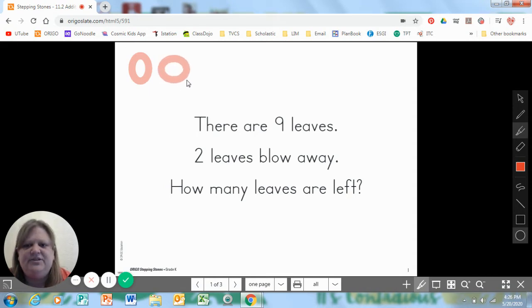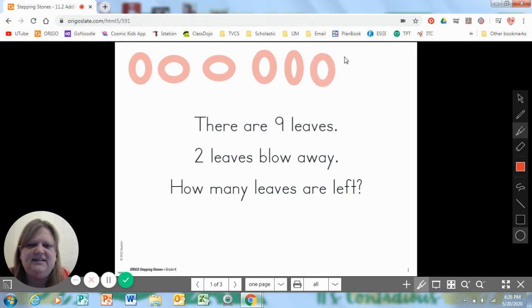So 1, 2, 3, 4, 5, 6, 7, 8. Can I fit 9 right there? Yes. Is it okay that they're all different sizes? Of course. Do leaves all look the same? Not at all. So there are my 9 leaves.